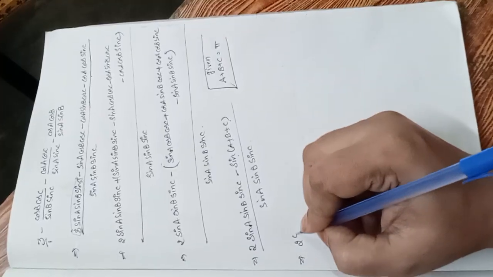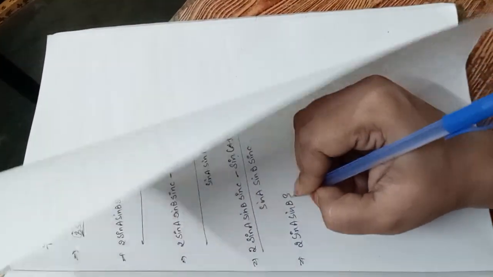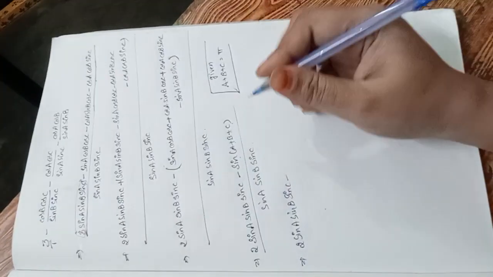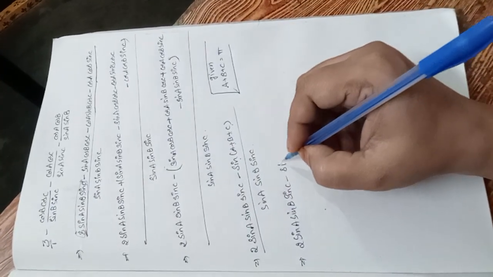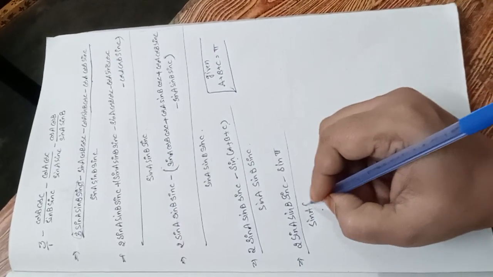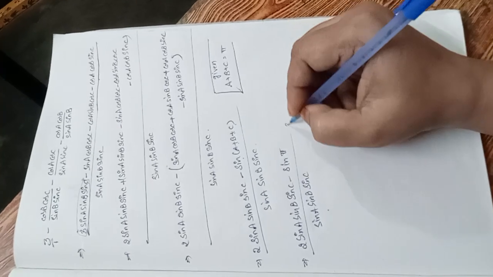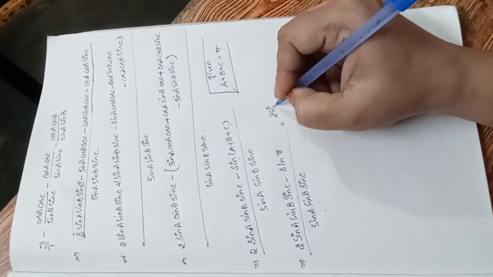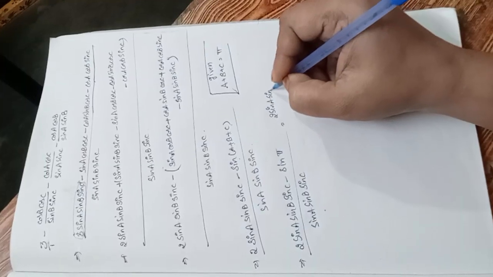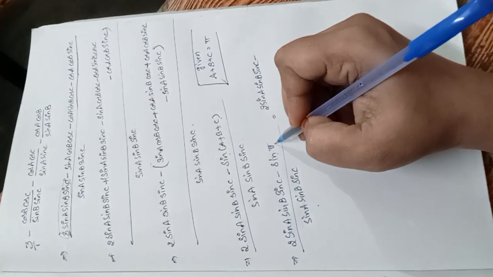So 2 sin A sin B sin C minus sin pi, by sin A sin B sin C. Now what value will you get for sin pi?